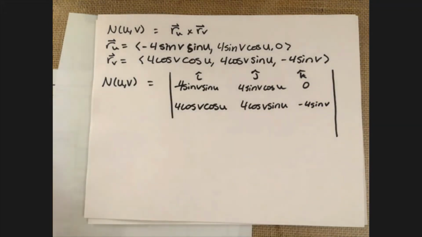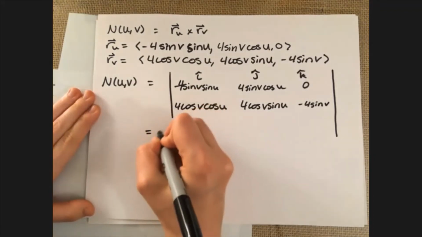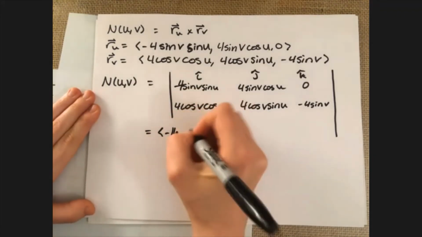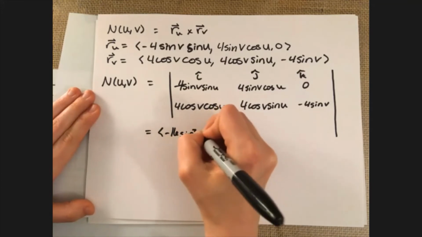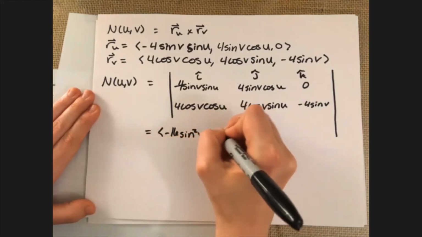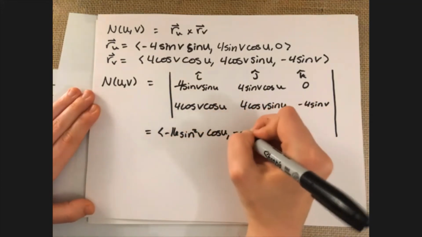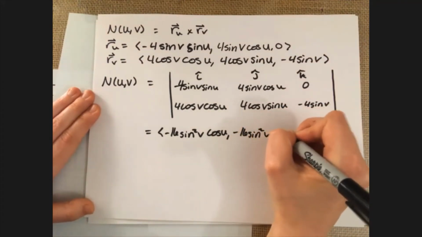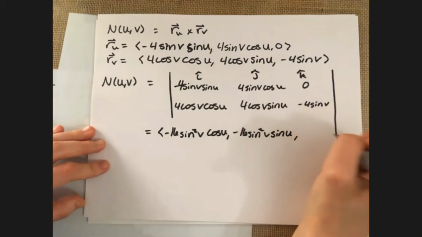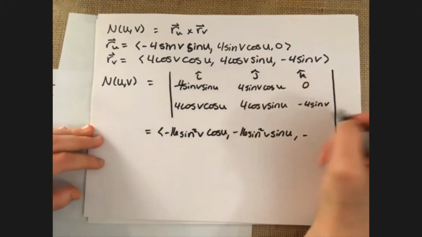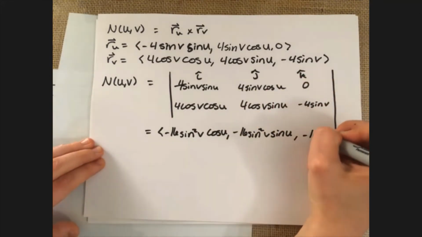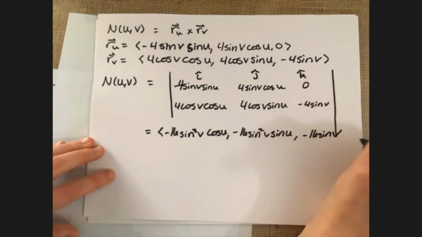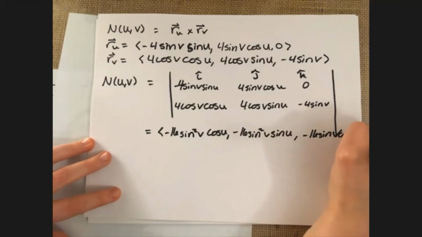I will leave it to you to work out the details of this cross product, and I'm going to tell you that the result is negative 16 sine squared v cosine u, negative 16 sine squared v sine u, and then negative 16 sine v cosine v.